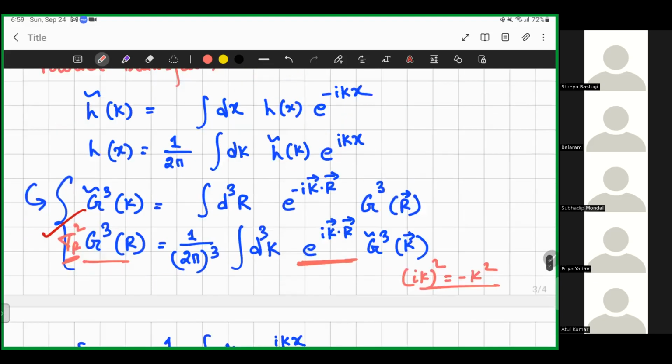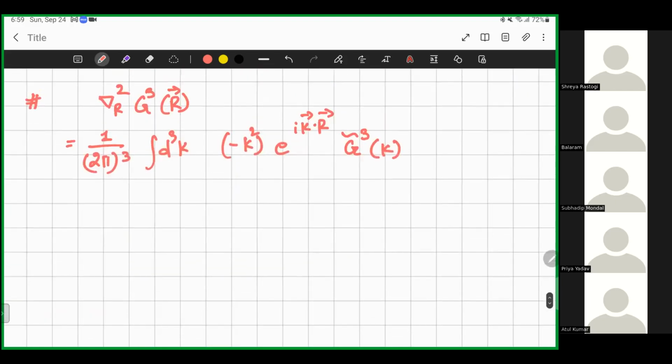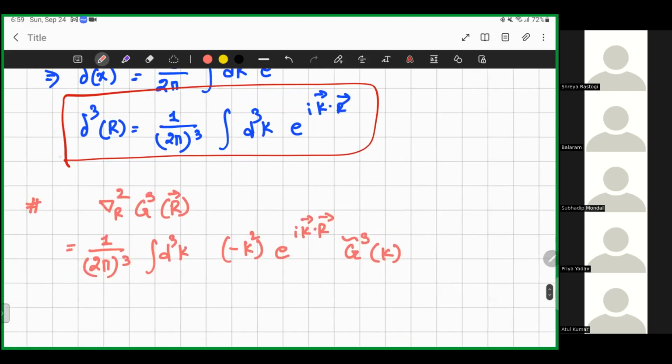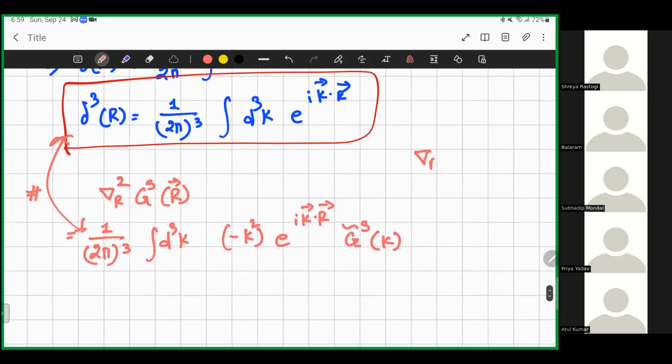Now we know that we have written this equation already, we have the form of the delta function part. Now we have to just make the equivalence between these two terms. These are equal: del r square G(r) equals our delta function of r in 3 dimensions.